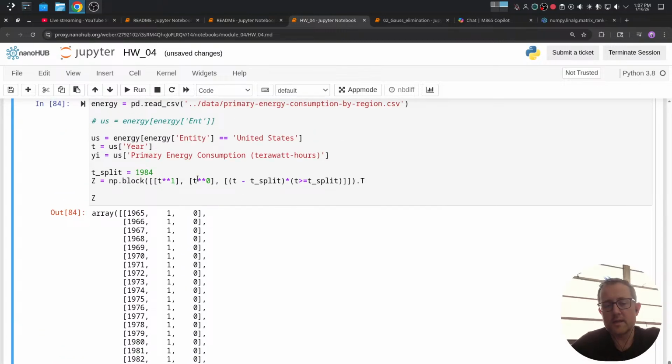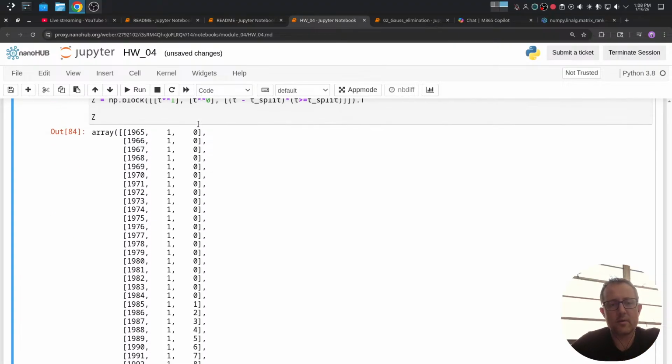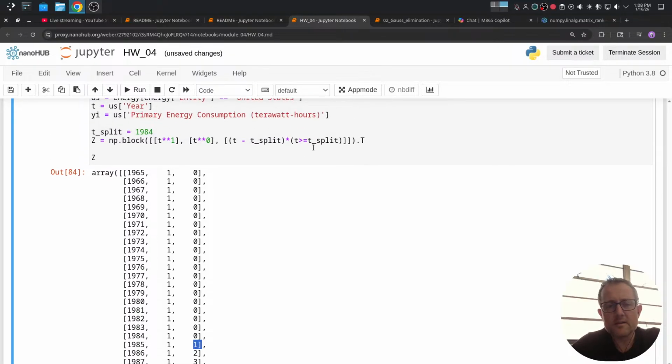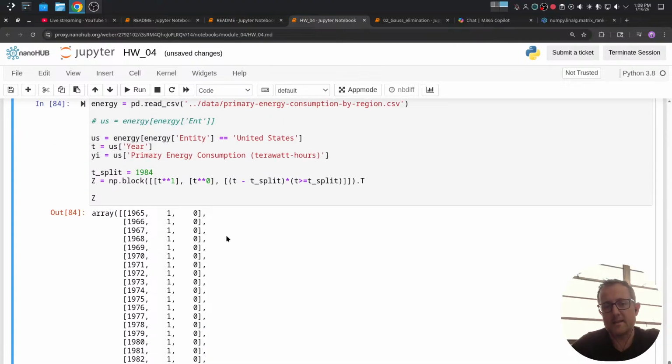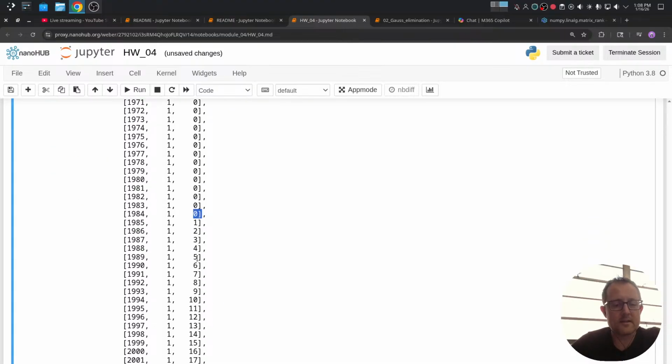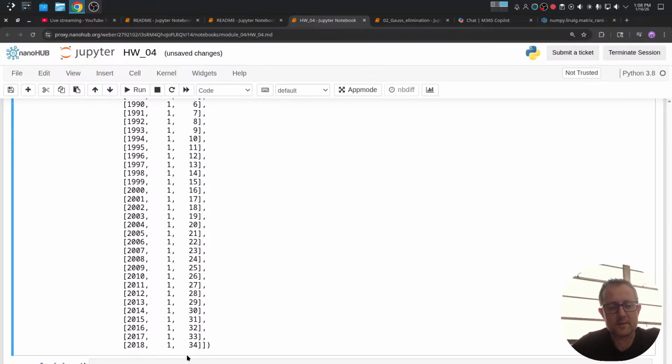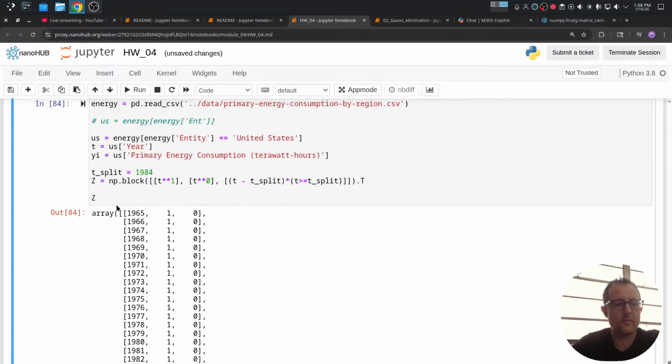You could use np.ones, or np.ones length of T. And then this last column is 0s until the year 1985, when it's more than, I thought I said more than or equal to, right? Oh, but it's minus, yeah. More than or equal to, but it's still 1984 minus 1984. And then it starts growing until it gets up to here, so 2018. Cool.